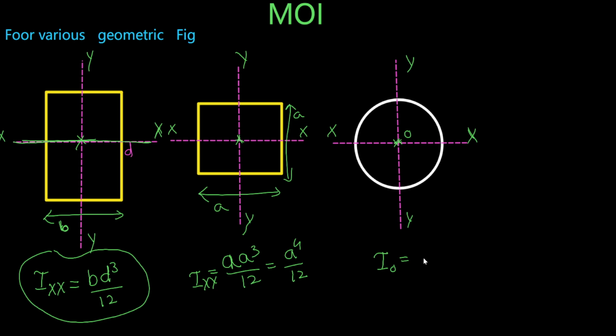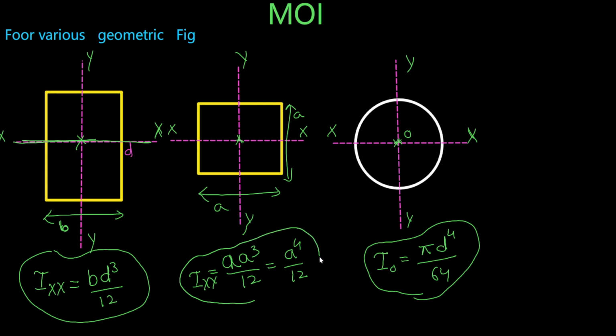About x, y, whatever you calculate, you will get the same formula, that is nothing but pi d to the fourth by 64. These are the formulas. You just need to remember these three formulas and you will be able to calculate. Ixx is equal to Iyy, whatever axis you take, you will get the same about this axis or this axis.